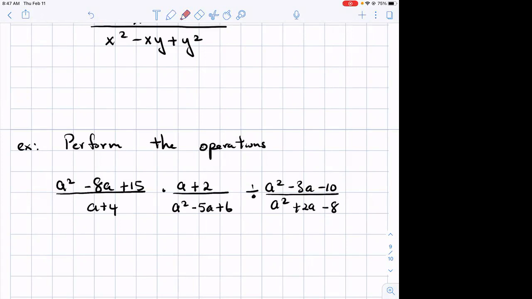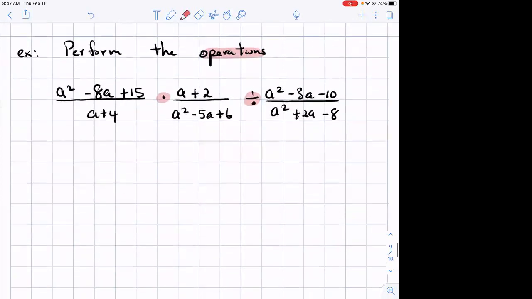Now the operations we're talking about are multiplication and division. And we know that we cannot really work with division. So the first thing I'm going to do is to change this here. If I change, I flip the one to the right.